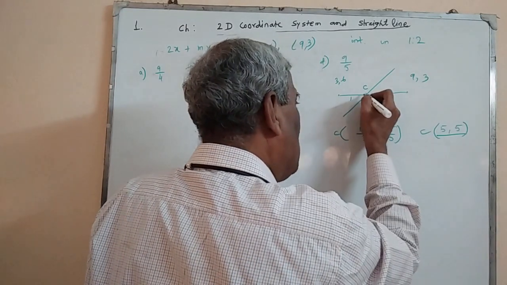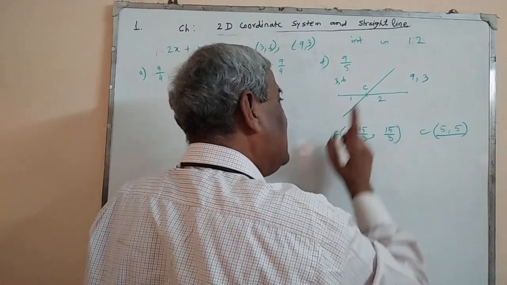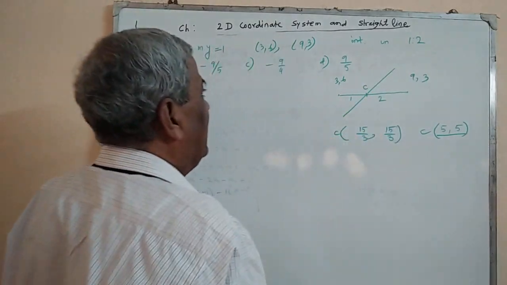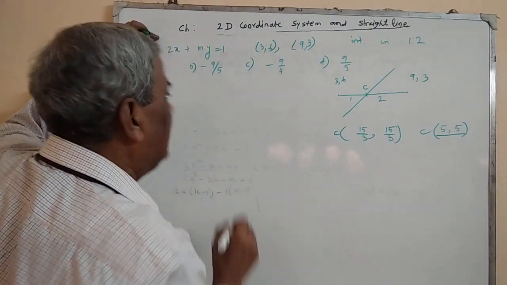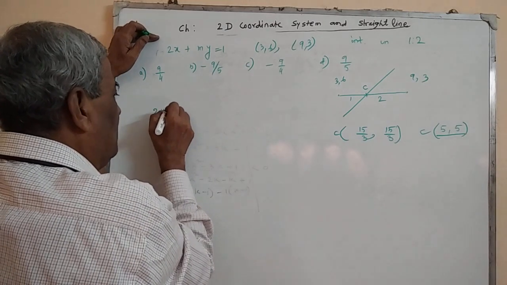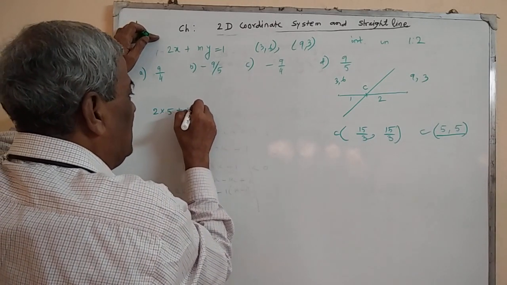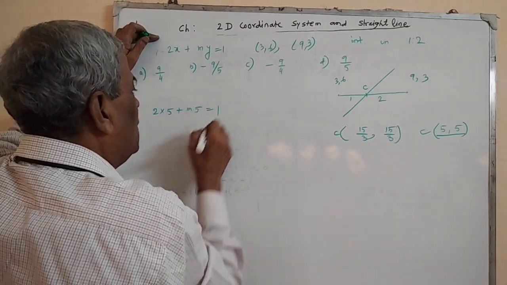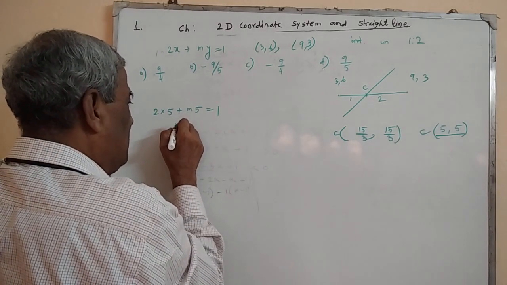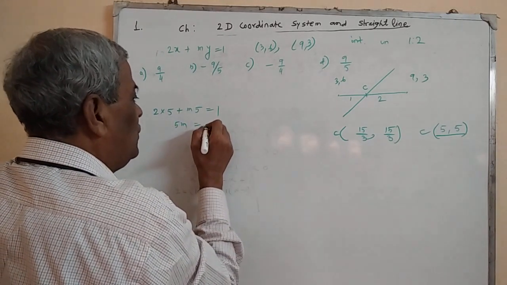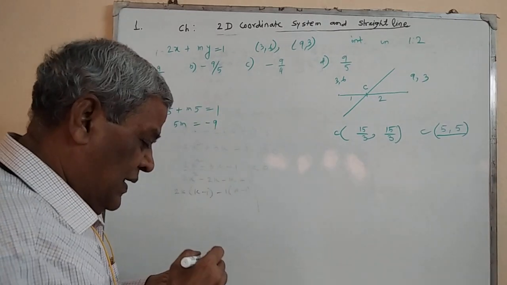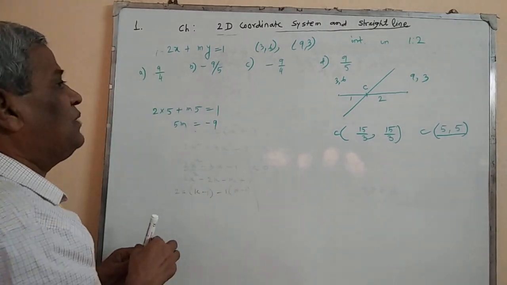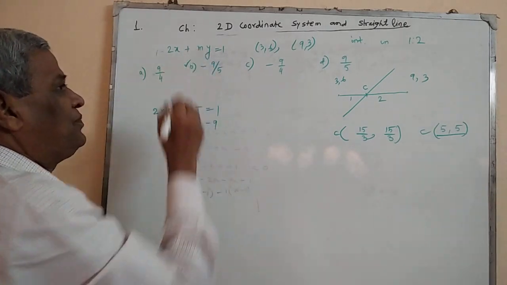So 5,5 also lies on that straight line. It must satisfy it. So 2 into 5 plus m into 5 is equal to 1. So 5m is equal to 1 minus 10, so minus 9. Then m is minus 9/5, this one.